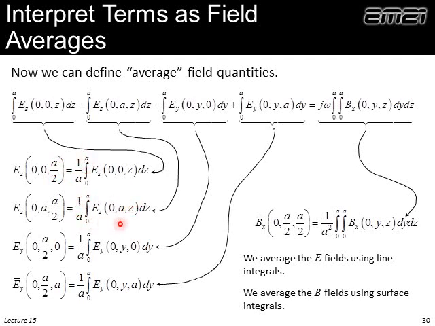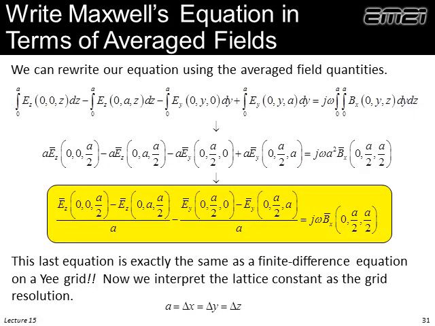Likewise, our second integral is the average at (0, a, a/2), and so on. So what you can do is click back to the previous slide and see how these 4 different properties actually fall in the middle of all these different faces. And then this last term we're interpreting as B sub x at (0, a/2, a/2). Again, click back to the previous slide and look at these relative to the pictures, and that will become apparent.